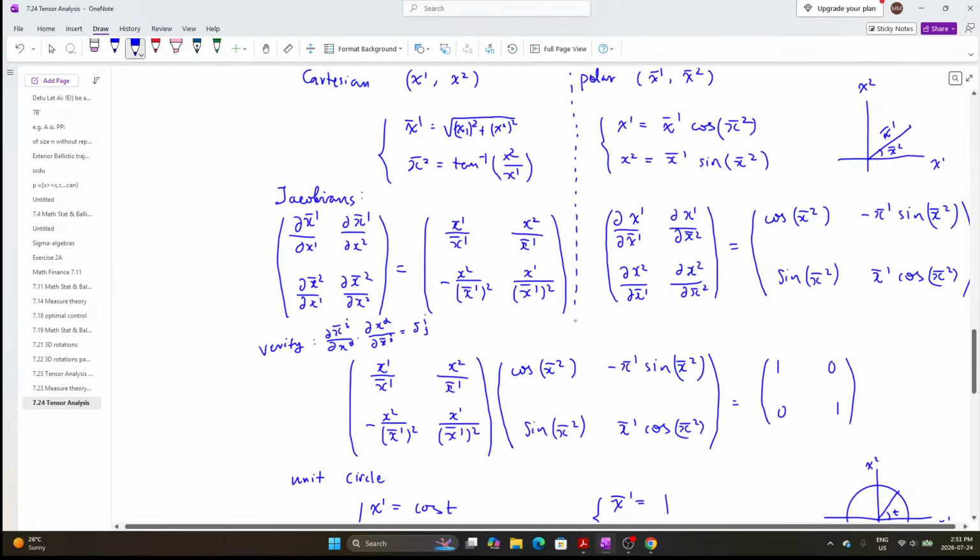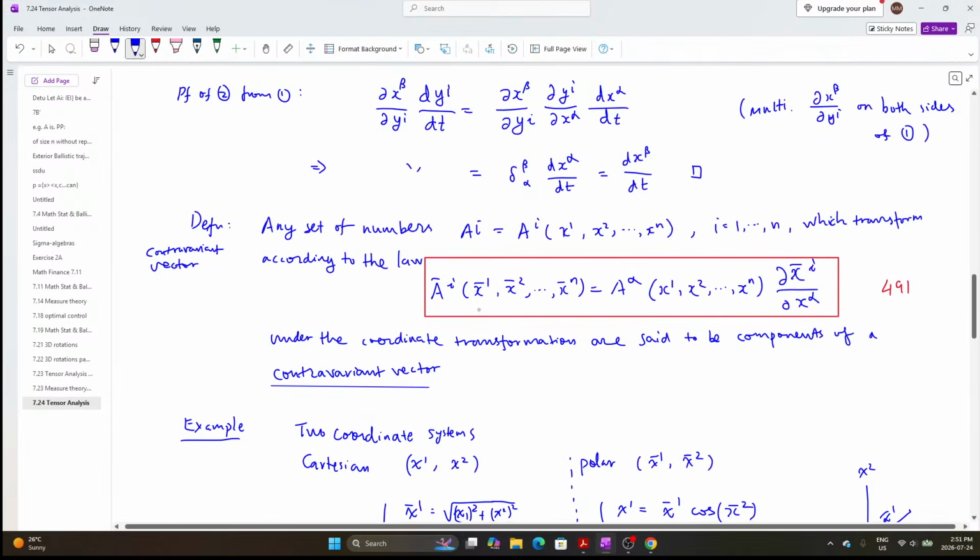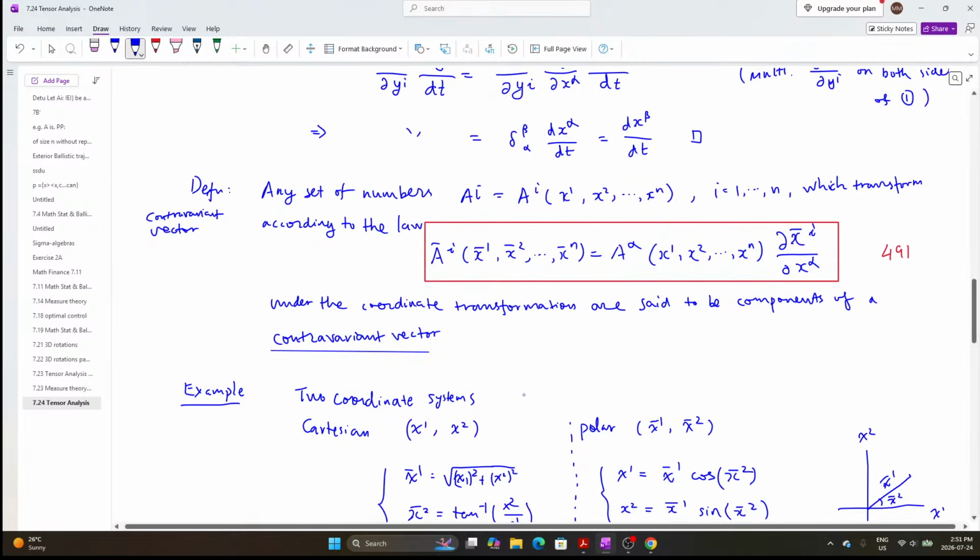So hopefully everything we've done now can help us get a hold of this definition. This is the definition of a contravariant vector: a contravariant vector has components that behave this way. Okay, so that's the physicist's definition.